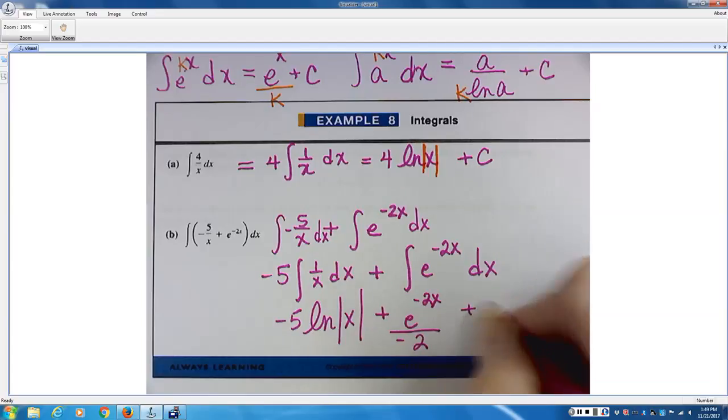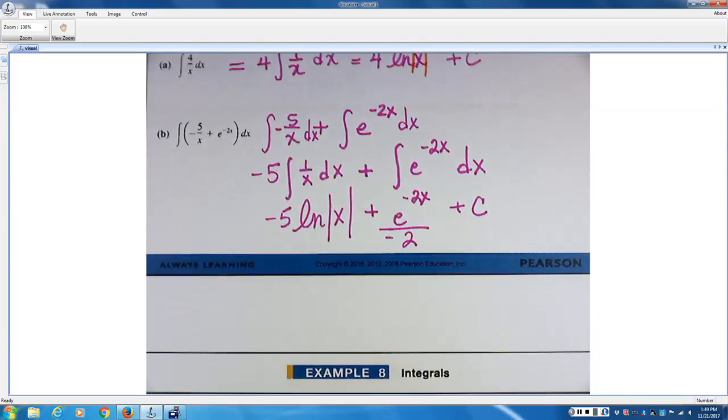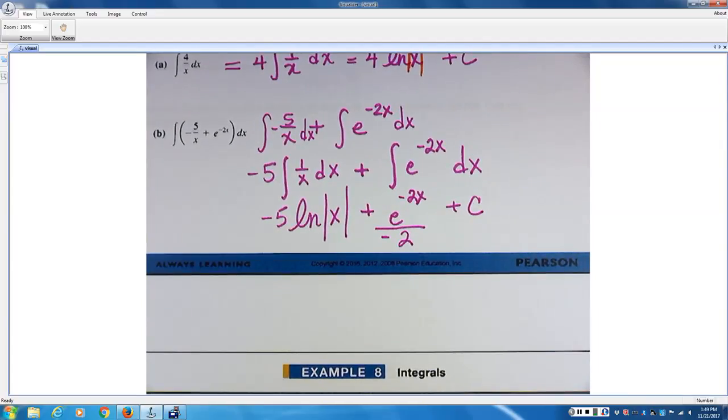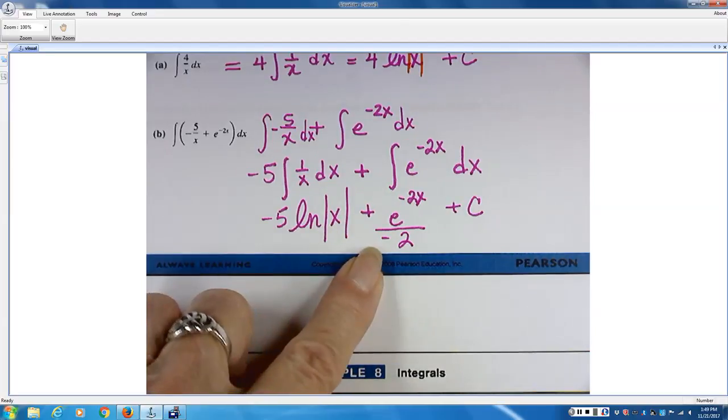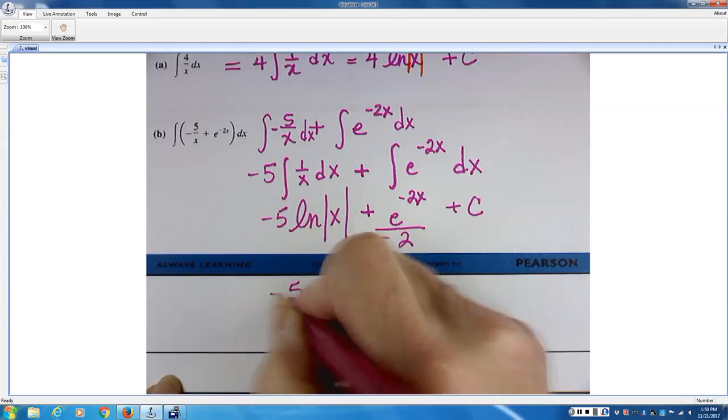And then that's going to be plus a constant. Now that can be rewritten a number of different ways, but there's nothing wrong with writing it that way. That's perfectly fine.